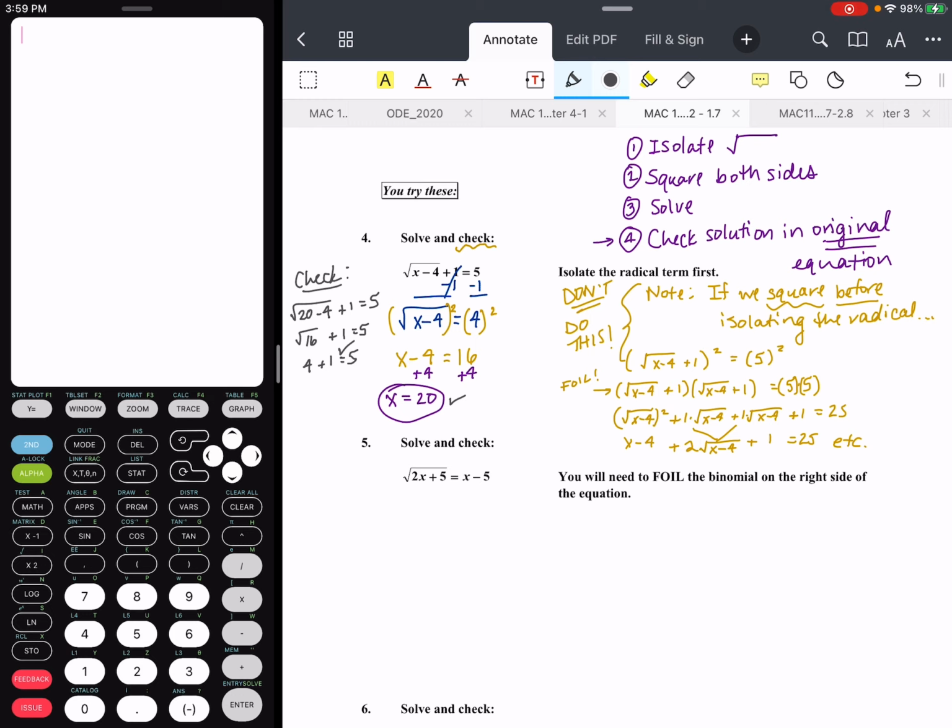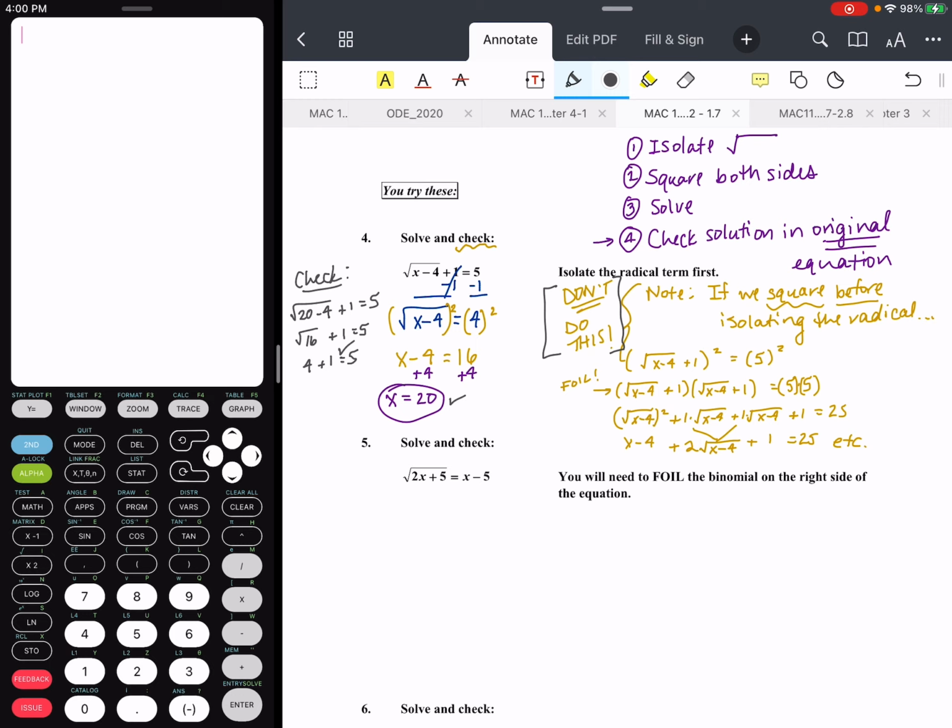And before we go on to number 5, I just want to point out this over here. I wrote really big next to it, don't do this. The reason that step 1 is really important, isolating the square root, is that a lot of people would look at that example in number 4 and they would just start squaring.